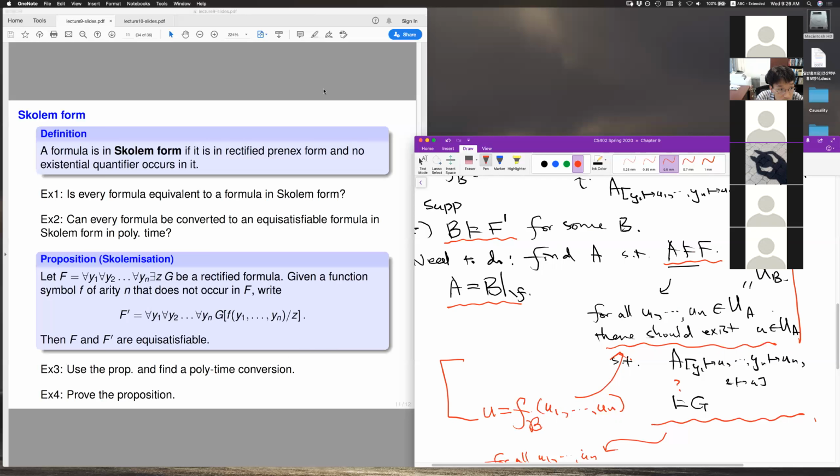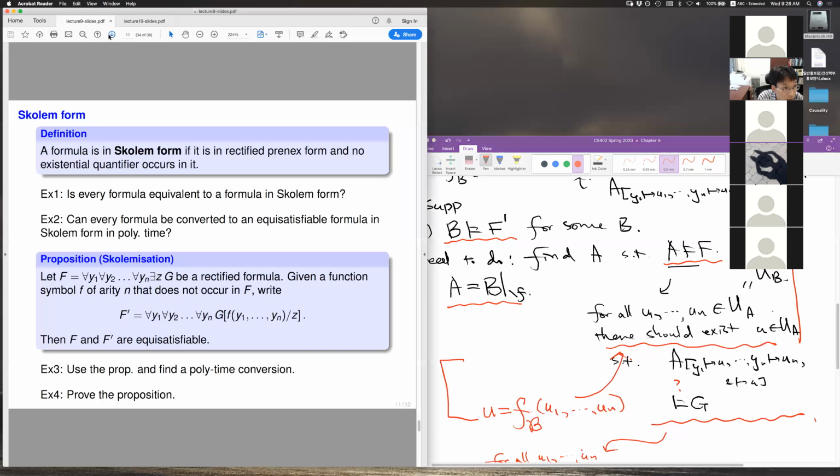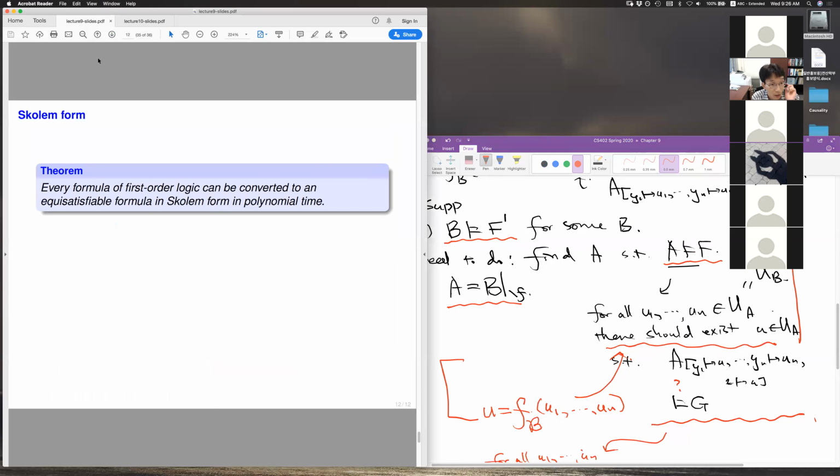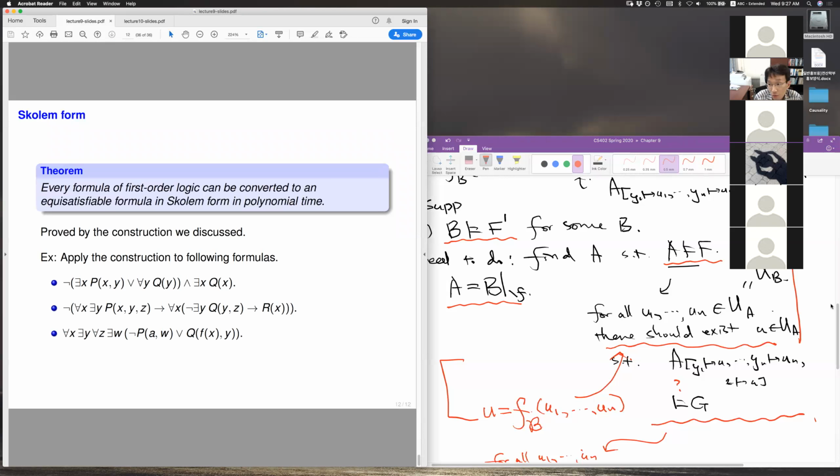Okay, so that's the Skolemization. And now we can use, as I said before, we can put all the things together and say every formula in first order logic can be converted into an equisatisfiable formula in Skolem form in polynomial time. And then the step just combines all the steps that we learned so far.